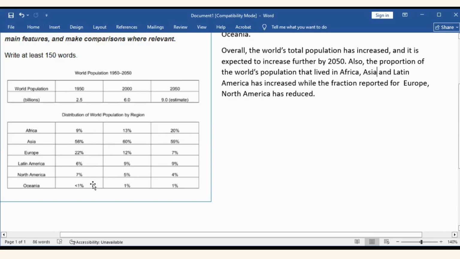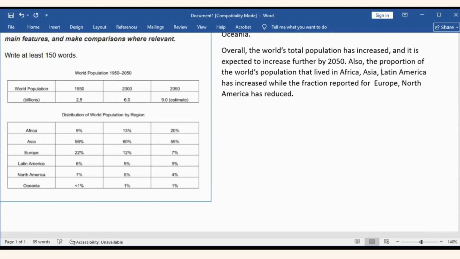And Oceania, we can say Oceania increased because this says less than 1%, but then it increased to 1%. So let's put Oceania on this list too: Africa, Asia, Latin America, and Oceania.